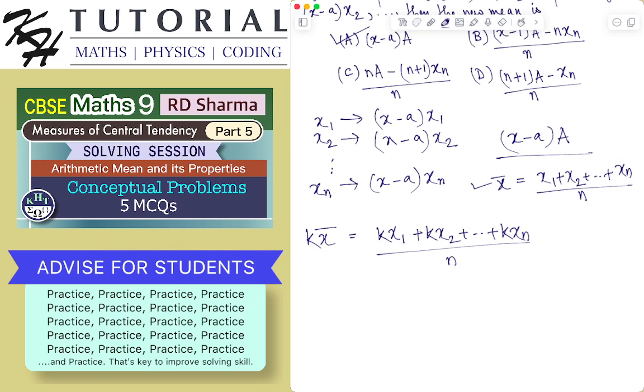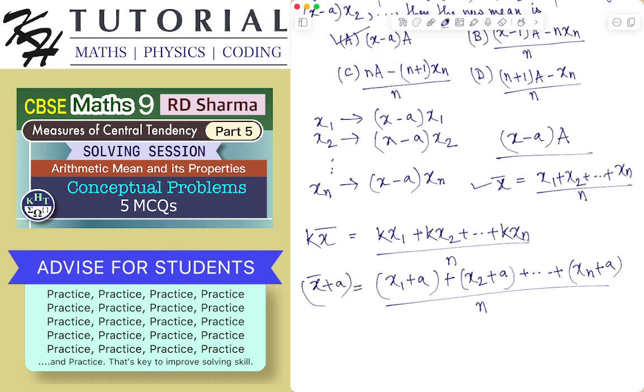Similarly, we have seen in the properties of mean, if you add or subtract a non-zero constant to all the observations, then the new mean will also be the original mean, the old mean, plus that constant. We have this.